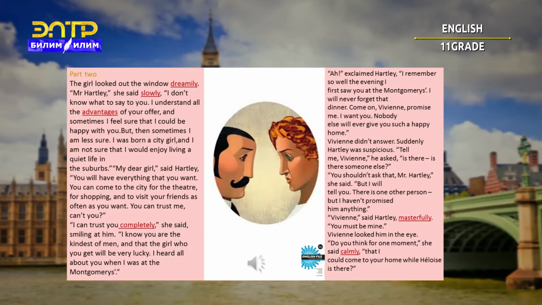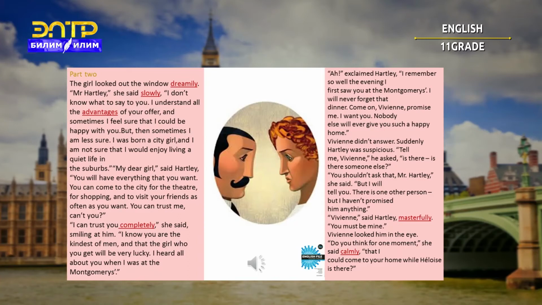You can come to the city for the theater, for shopping, and to visit your friends as often as you want. You can trust me, can't you? I can trust you completely, she said, smiling at him. I know you are the kindest of men, and that the girl who you get will be very lucky.